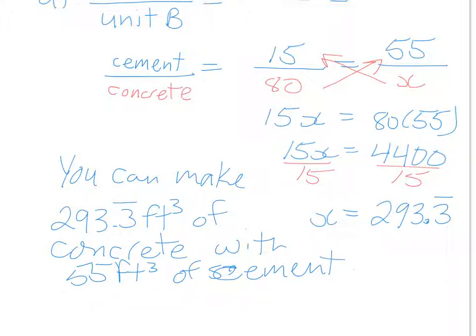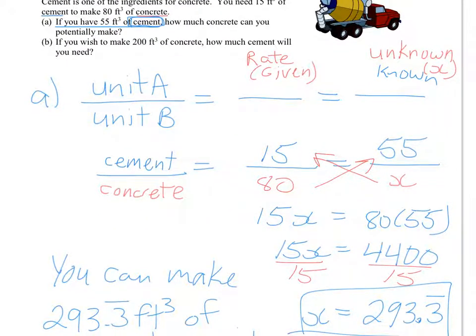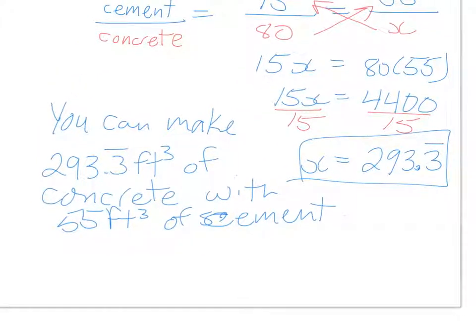Okay. So let's try question B. So now it's saying if you wish to make 200 cubic feet of concrete, so it's giving us the concrete and it's asking us how much cement. So if we go back down here, okay, again, we're going to set up our thing.